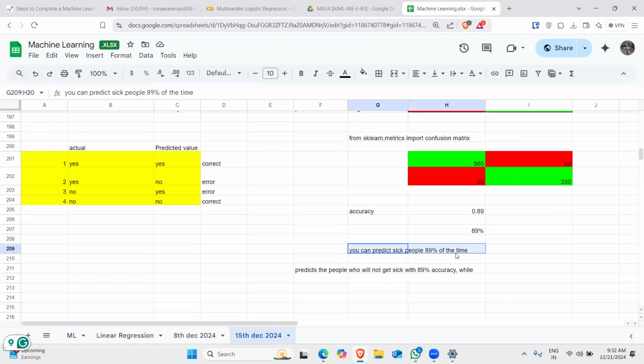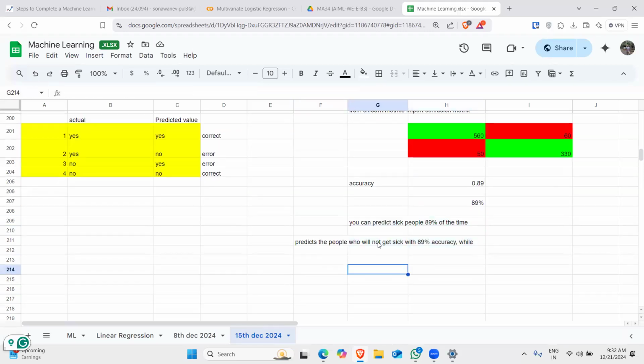You are interested in predicting this, but you are getting the accuracy of who will not get sick, right? So it is not our correct measure. We are interested to predict the person who will be sick, but it gives you the probability of a person who will not get sick. Are you guys getting this point? So it is not a correct measure, right?